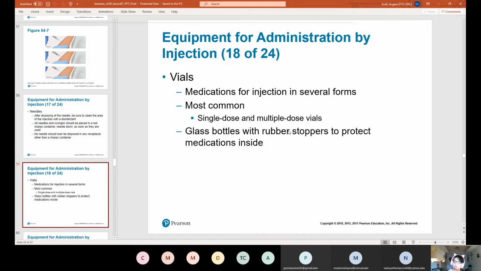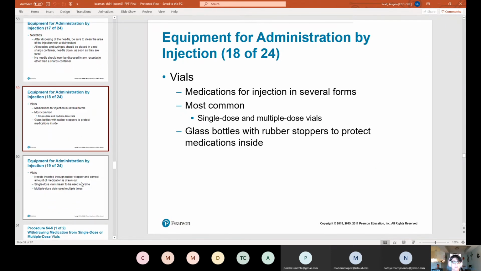So it's two separate compartments. I used to give it a lot in EMS. Sometimes there are little rubber stoppers inside of them as well, which is not uncommon, and that's to protect the medication inside.